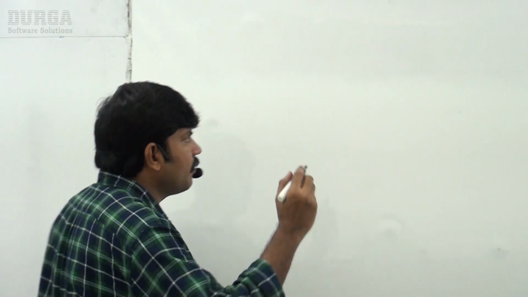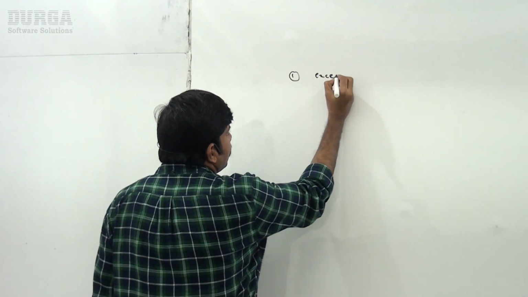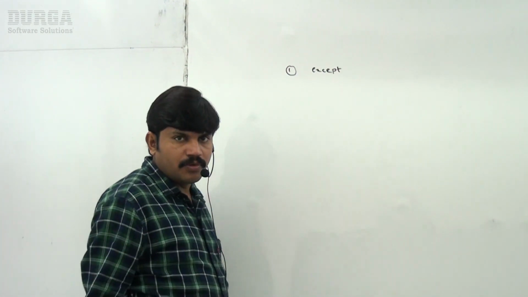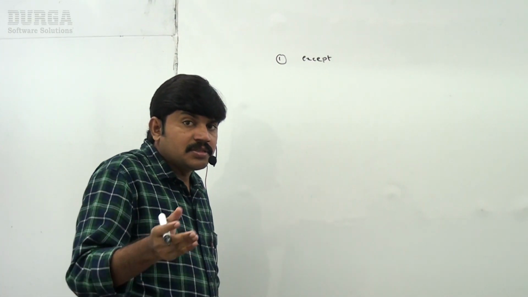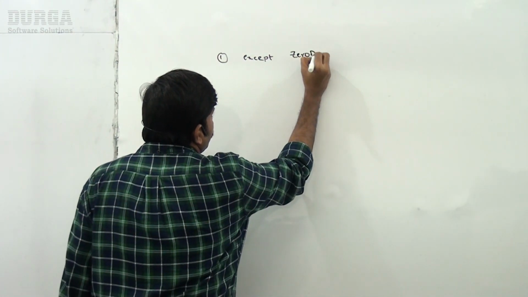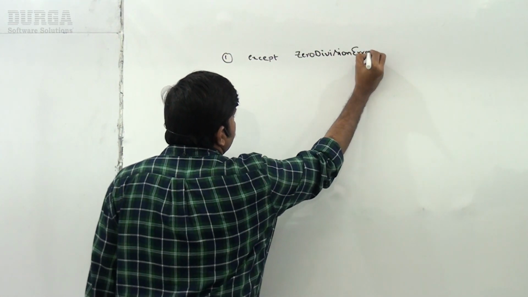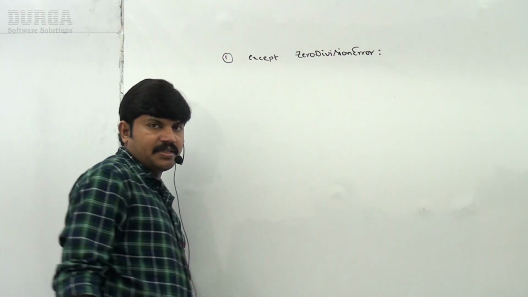Here just observe very carefully. Here I'm taking except. I want to write an except block to handle zero division error, except zero division error, perfectly valid.